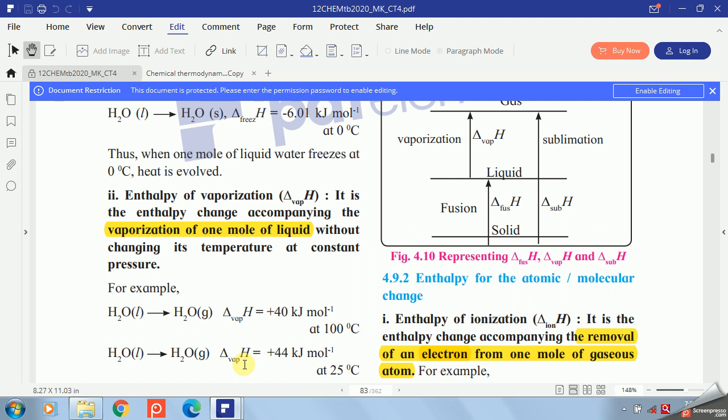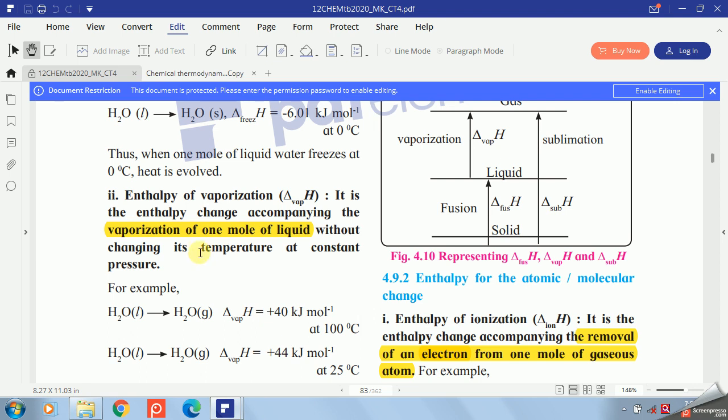Now, if we change the temperature, the value will change. If we reduce the temperature from 100 degree to 25 degree, we have to supply 44 kilojoule per mole amount of heat to that water in liquid state.